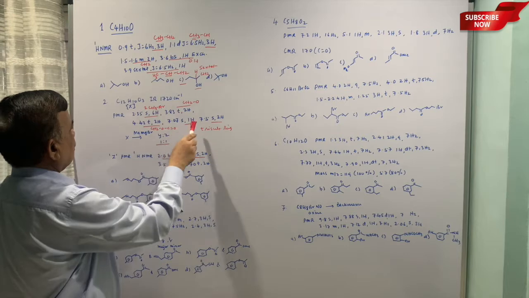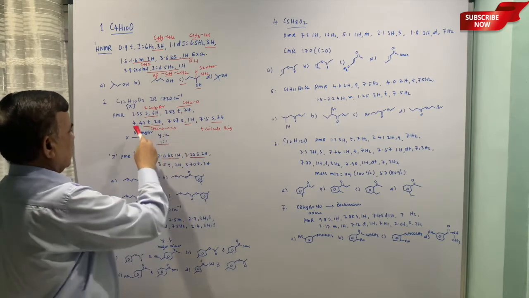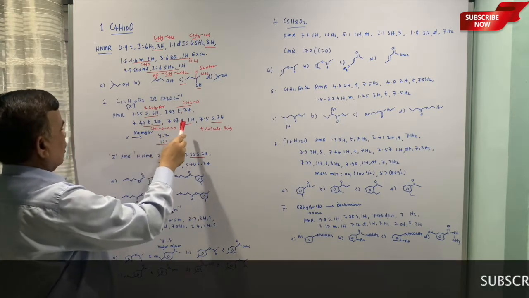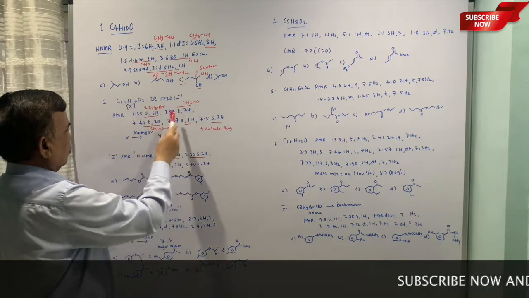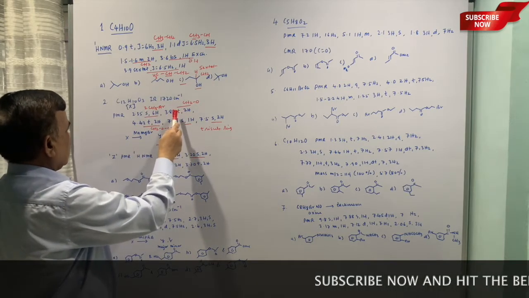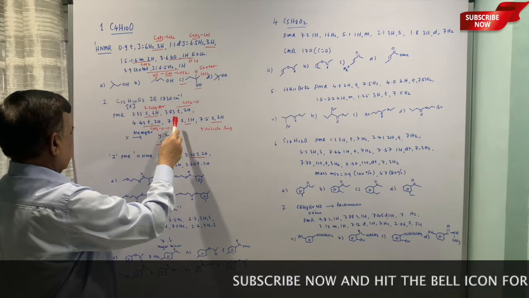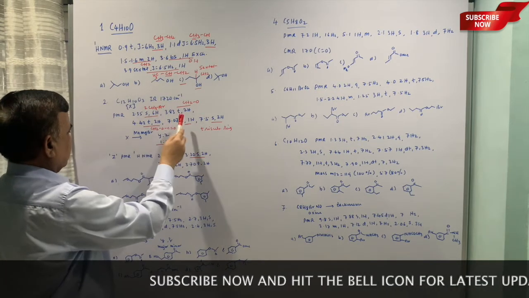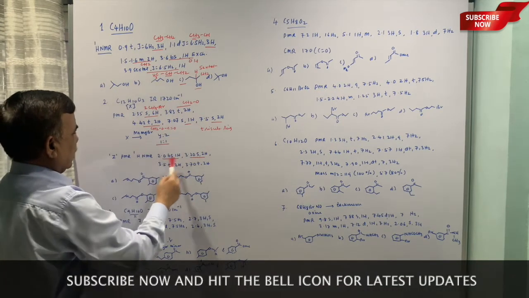So this is the thing we have to know, that we can find out the structure from this. If you find out the structure on the basis of this, you don't have to look at this.